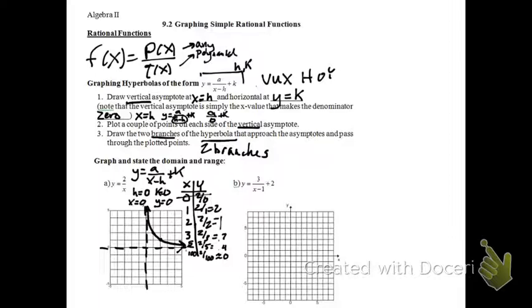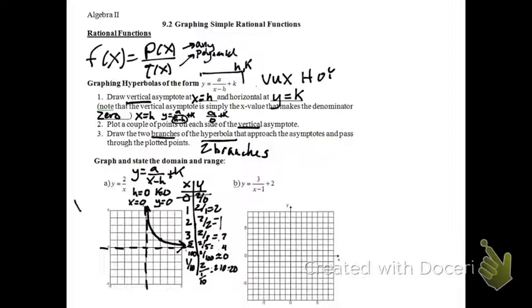And just for giggles, if I were to plug in 1/10, or 0.1 for x, I'd get 2 over 1/10, which if you multiplied by the reciprocal would be 2 times 10. I'd get an output of 20. So you can see if you plug in something really close to 0 for x, you get something really, really big. So that's what the first part of the graph looks like.